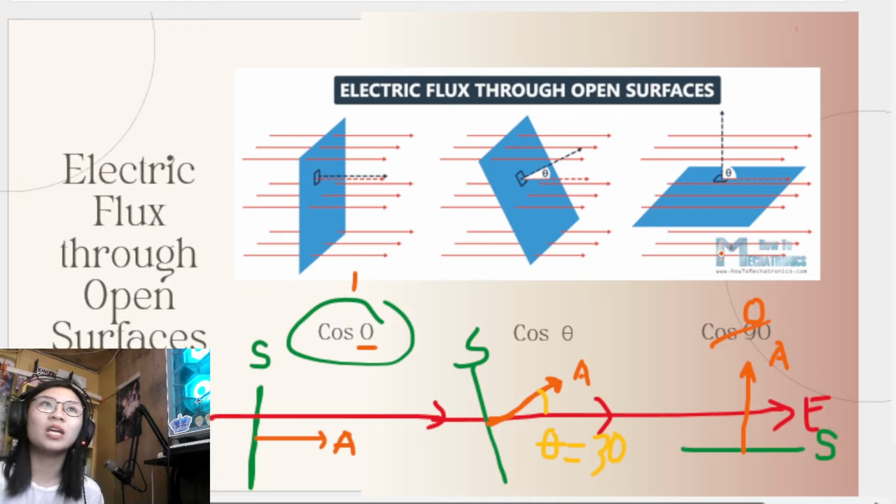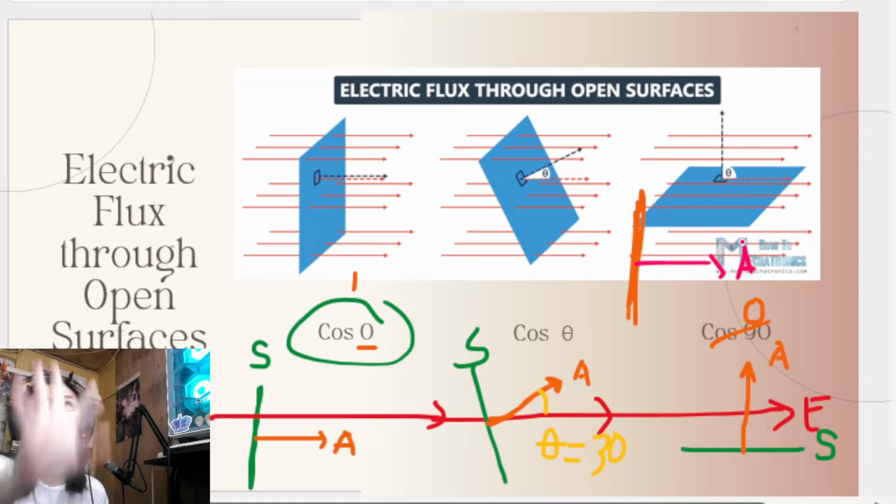Ang cosine 180, it means baliktad ang imuhang, let's say, if this is your surface, ganun na siya. That is your surface. Your A is going this way. Dili kayo siya maklaro diri because this is an open surface. So, any orientation niya is okay ra.